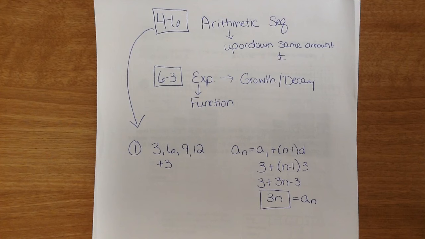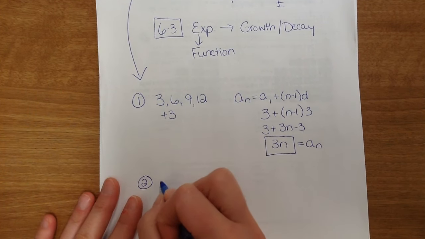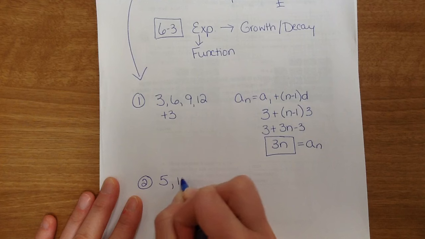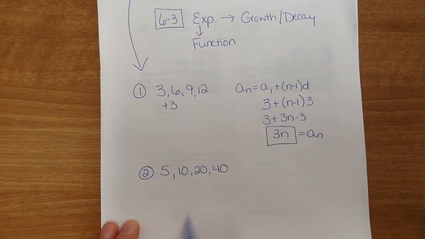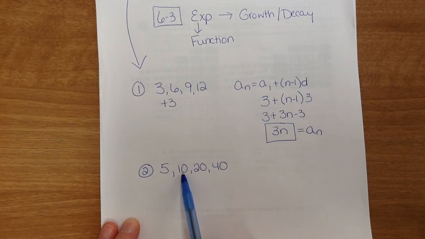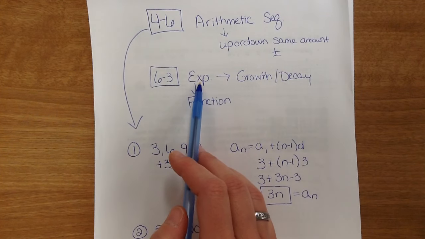Okay, so we did this, and then we looked at some that were not arithmetic. So let me give you another one, and we'll just make it easy here because I'm not trying to be real hard or anything. How about 5, 10, 20, 40? Okay, that clearly goes up by 5, goes up by 10, goes up by 20. So that is not arithmetic, but in a way, it's exponential, correct?